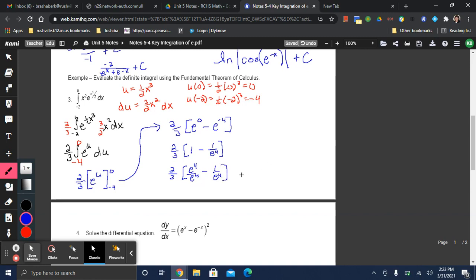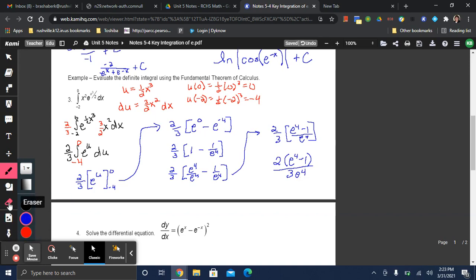And then I can make that 2/3 times e to the 4th minus 1 over e to the 4th. And then if you want to put the 2 on the top and the 3 on the bottom, 2 times e to the 4th minus 1 over 3 e to the 4th.